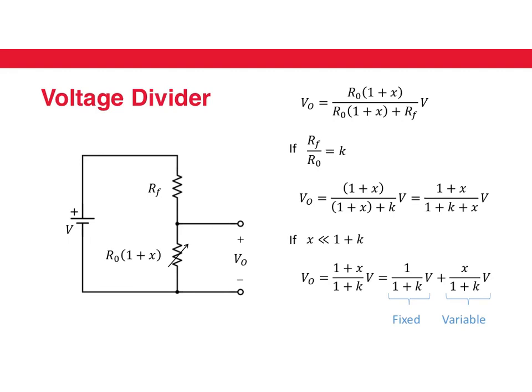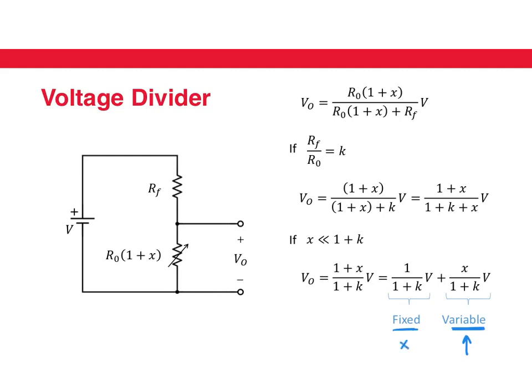And now you can see that the output voltage consists of 2 parts. One is a fixed part and another is a variable part. Now what we are interested in is the change in resistance, and the change in resistance is basically given by this variable part of the voltage and not by the fixed part.